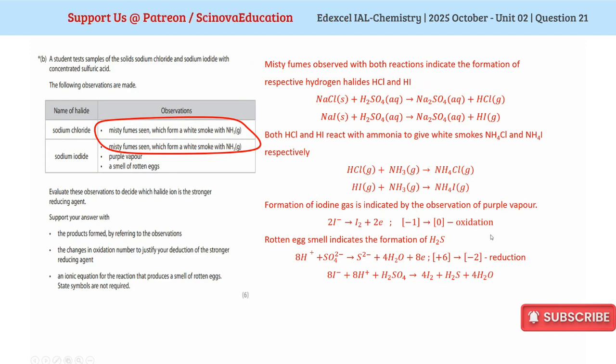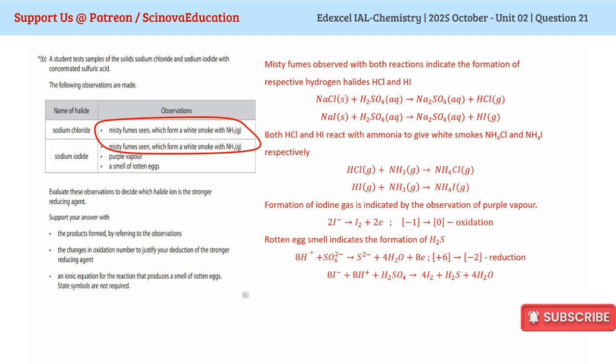In this set of observations, any kind of chlorine gas emission is not mentioned. Any observation which hints at chlorine gas emission is not there with sodium chloride, and smell of rotten eggs or any kind of reduced sulfur species is not indicated here with sodium chloride.